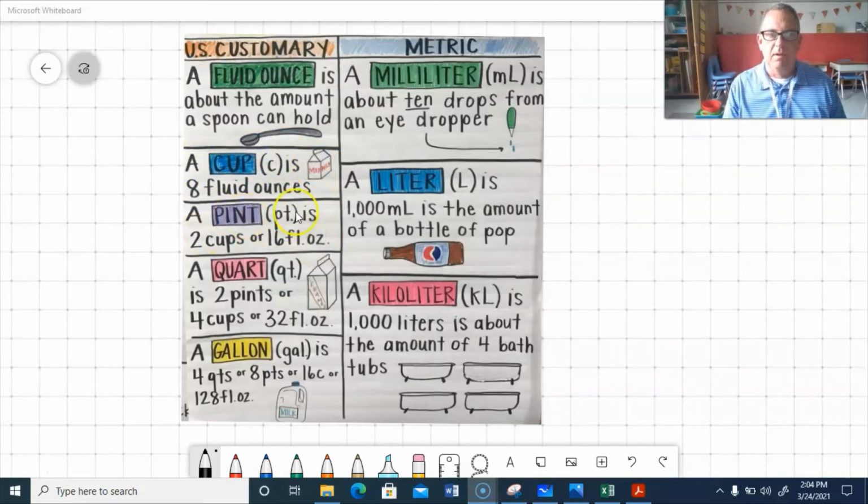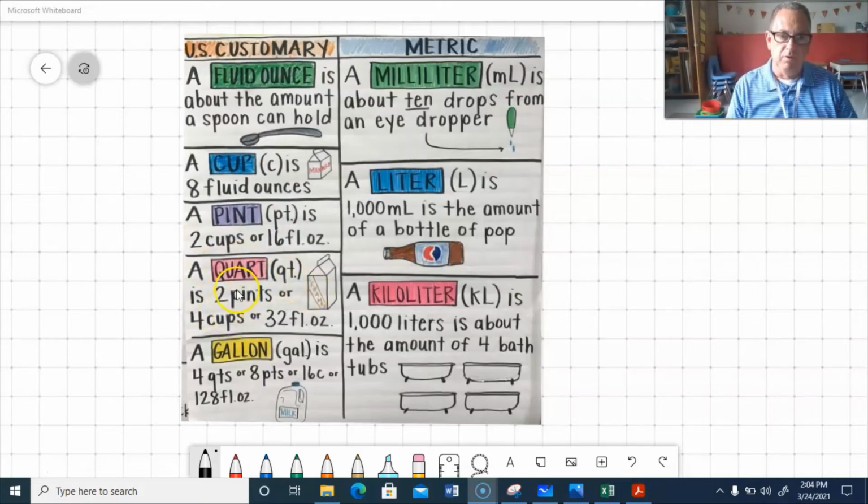A pint would be basically 2 of those milk cartons, and certain containers come in pint, like some bottles of sodas are a pint amount, maybe one of the smaller soda bottles.